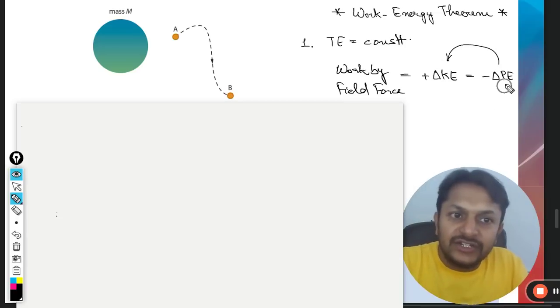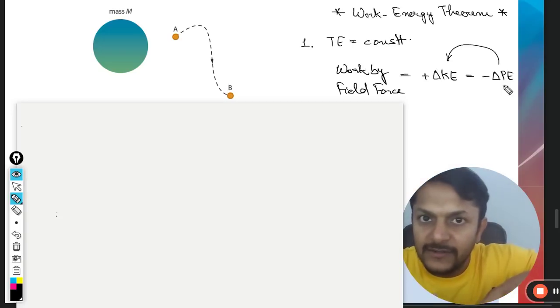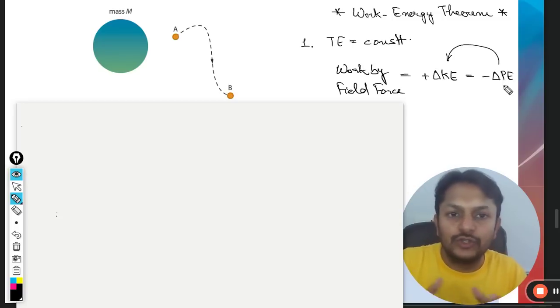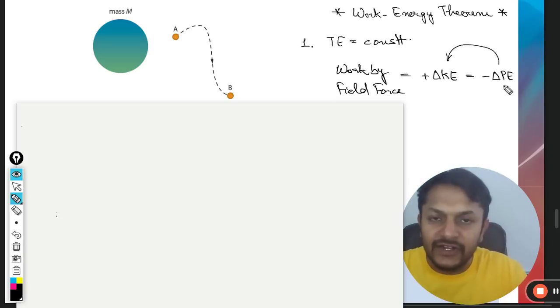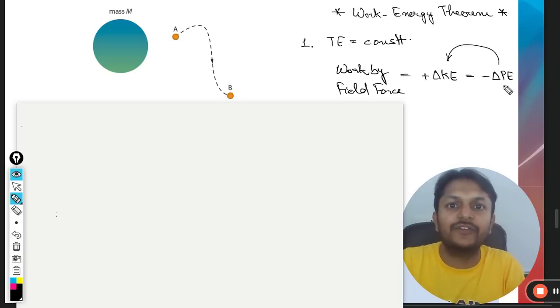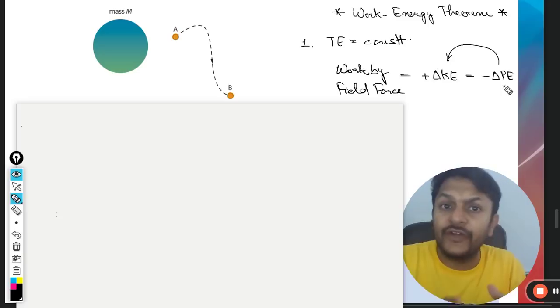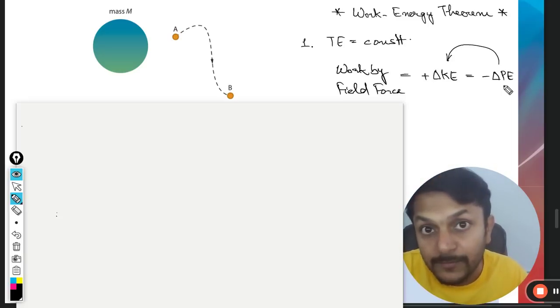The potential energy is lost, kinetic energy is gained. Total energy remains constant, there is no change. Still, we say that work is done by the field force. The work done by the field force can be found by either finding the change in kinetic energy or finding the change in potential energy. In both cases, you can find the work done.